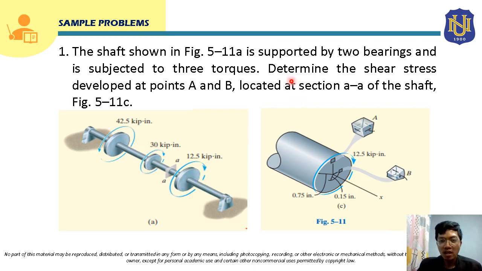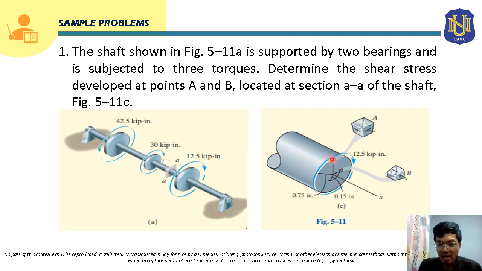Now determine the shear stress developed at points A and B located at section AA of the shaft as shown in this figure. So class, section AA is located here. The zoomed version of that section AA is shown here. The points A and B are located here and here.